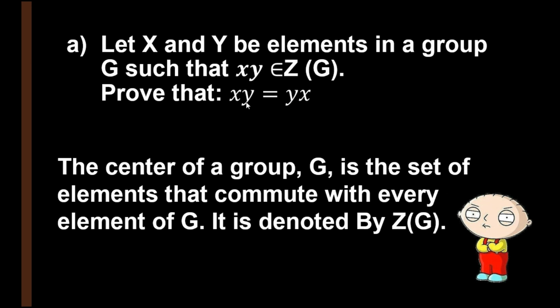Then we'll have x times (xy) equals x times (yx), and then I will divide by the x that is next to xy on both sides, such that I will now have xy equals the inverse of x times x times yx. Now let us look at the proof.